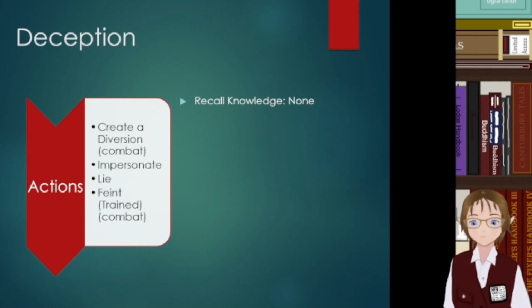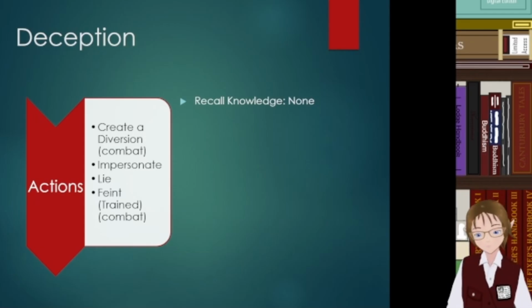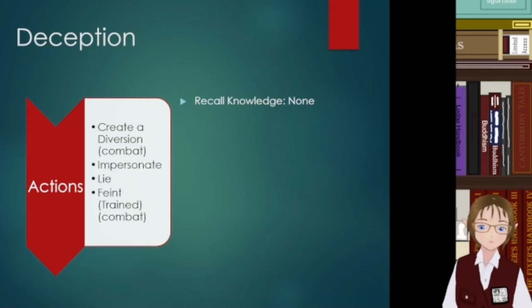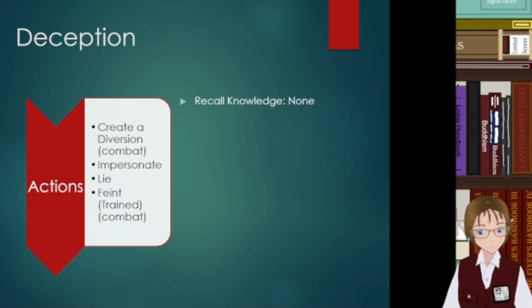The next skill is deception. Oddly enough, this is kind of straightforward. It's basically you're lying to someone or distracting them from being able to do things. Generally, mindless creatures are immune to deception. There's no recall knowledge potential for this because, well, you're making stuff up, not discovering things.